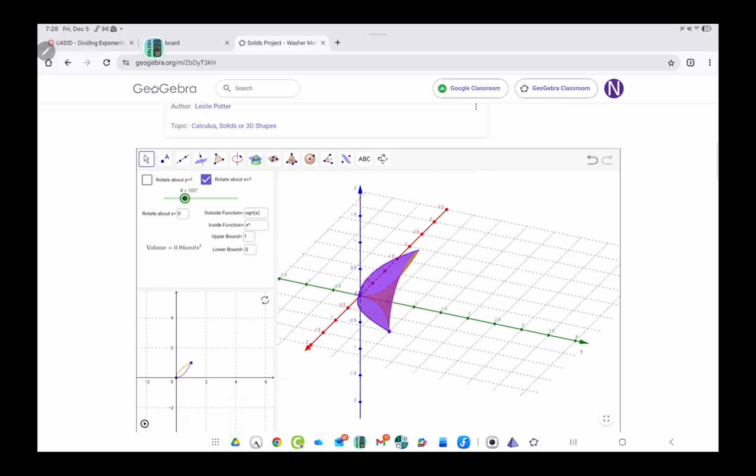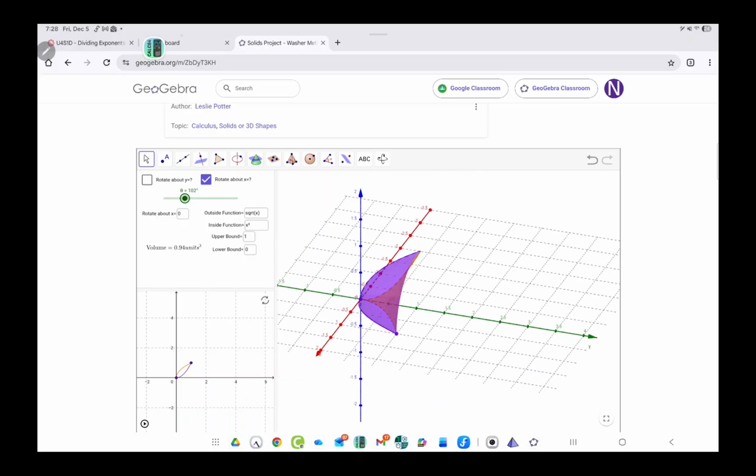I like this thing. All right, so that's the idea. That's what we're going to do.